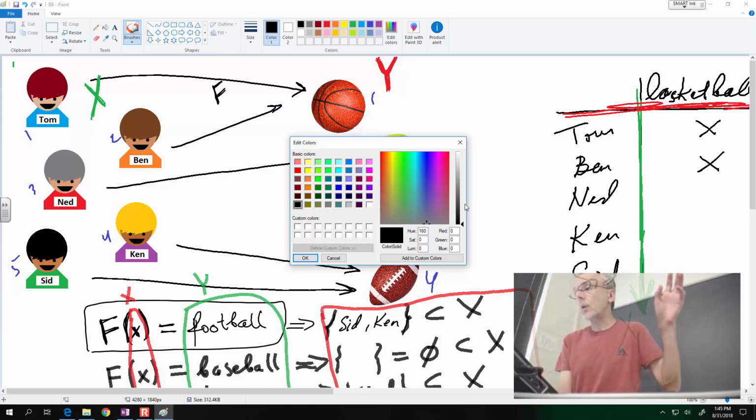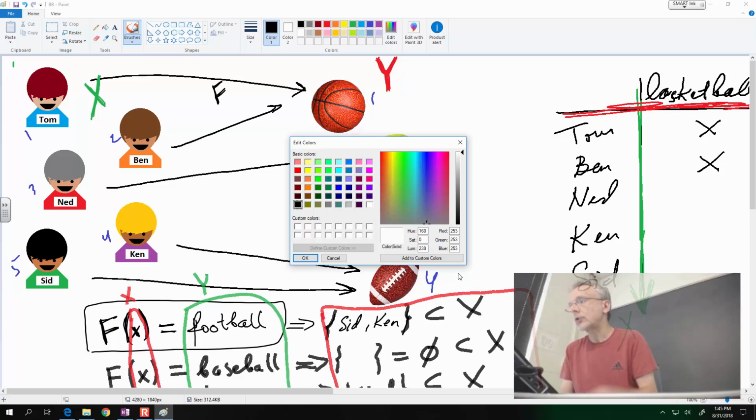Okay, so we'll do one at a time, and in particular, let me show you how I can move this color and what's happening. When all these numbers are zeros, that's when you have black. If I go all the way to white, all the numbers become 253, 254, 255.